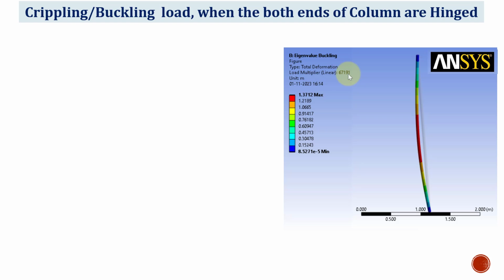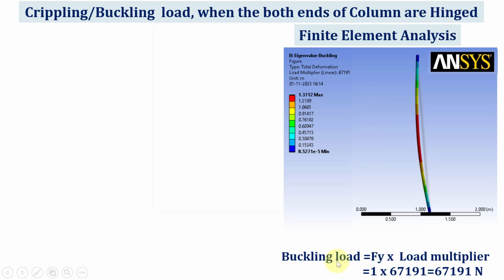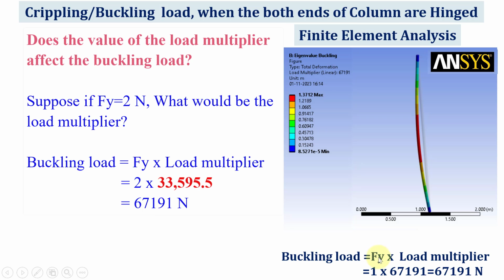So how to find out the exact value? We have to find the buckling load by multiplying this load multiplier with the reference value that we have taken for the static structural analysis, that is 1 Newton. This value will give the exact buckling load of a column. The question will eventually arise whether the reference value will impact the buckling load of the column.